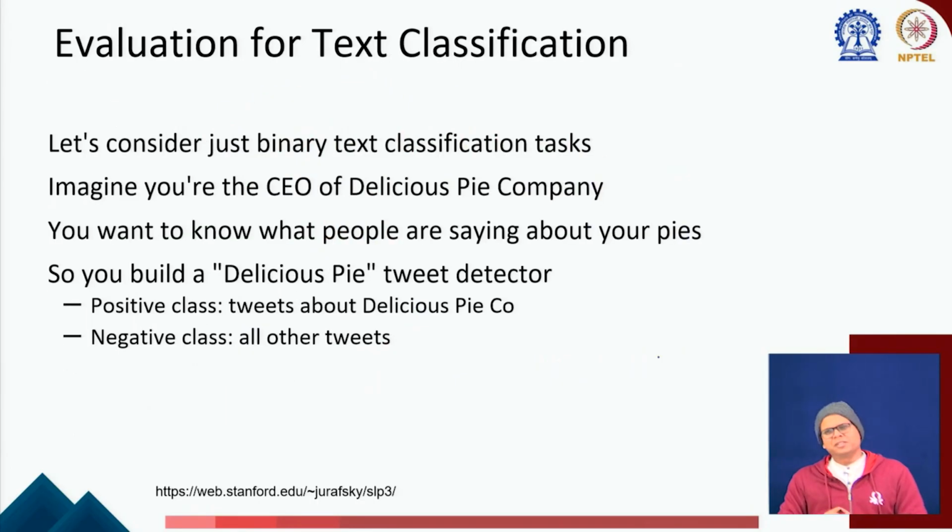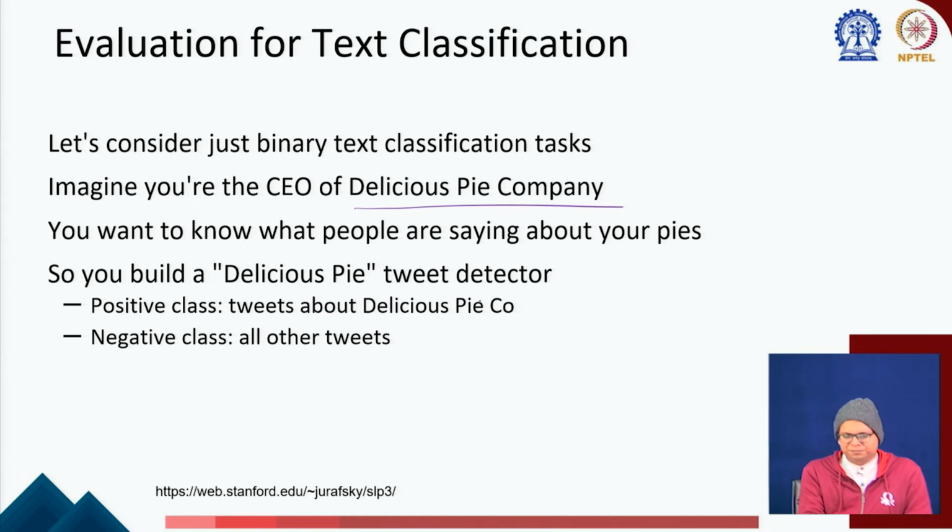Now, given this, how do you evaluate it? For evaluation, consider a very specific scenario. Suppose you're doing binary text classification, and consider yourself the CEO of Delicious Pie company, and you want to know what people are saying about your pies. Your company is already there, and people are tweeting about it. So you want to build a classifier that will simply detect if an incoming tweet is about Delicious Pies, about your company.